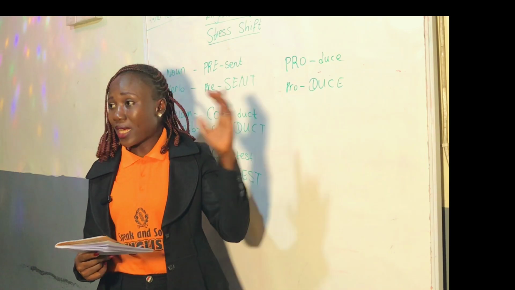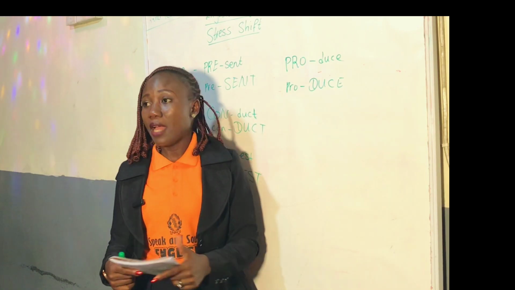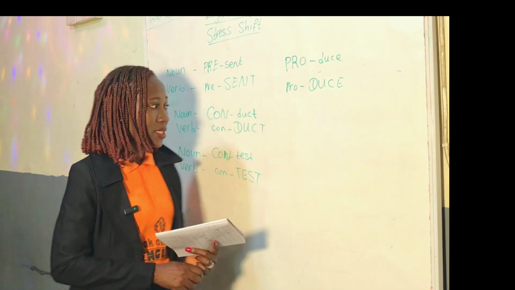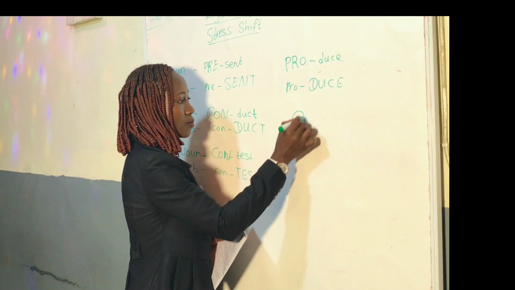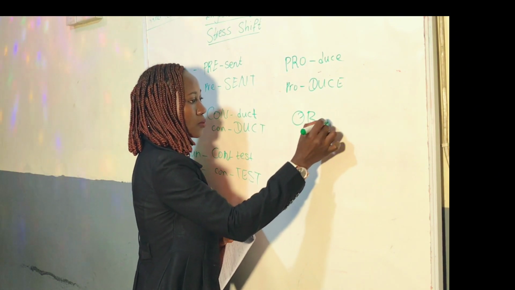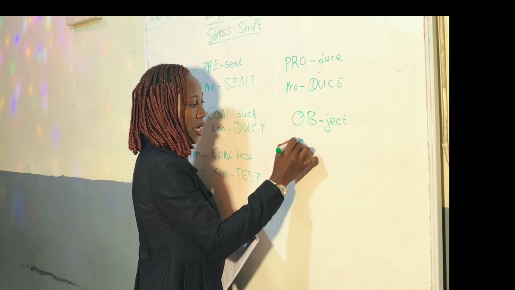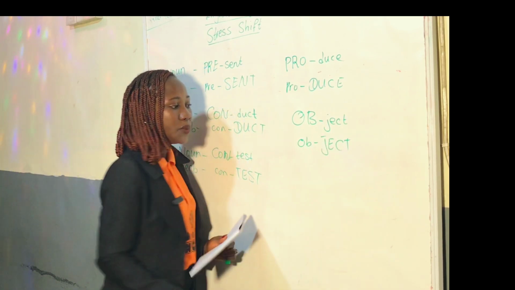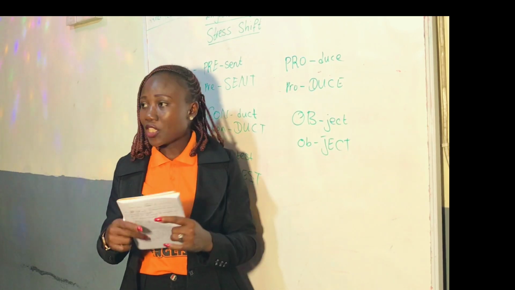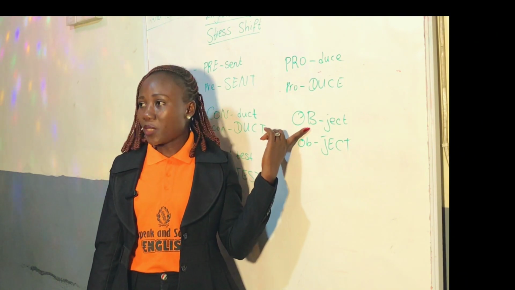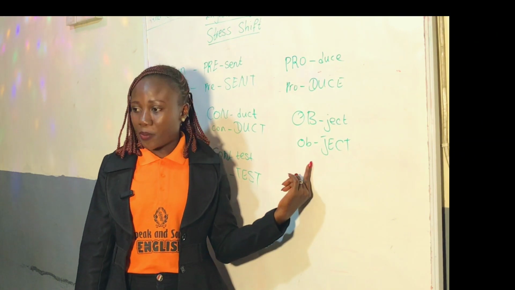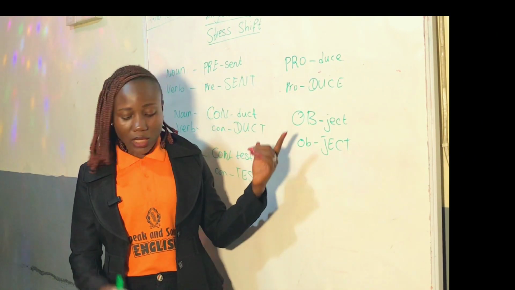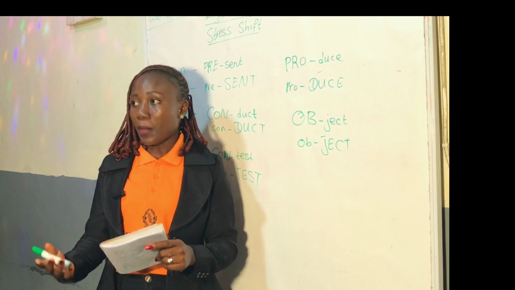All right, guys, let's look at example number 8. We have object and object. Let's say this after me, everyone. Object, okay? Object. That's great. So what do we mean when we say object?